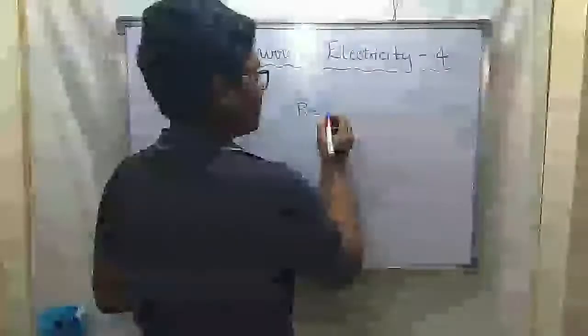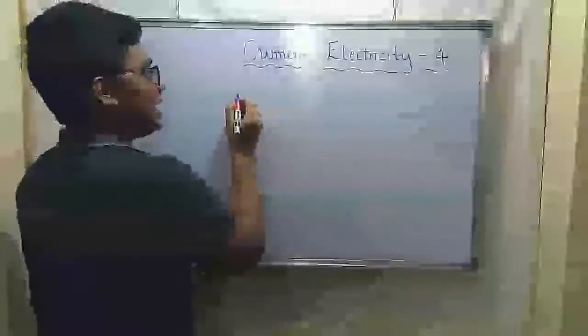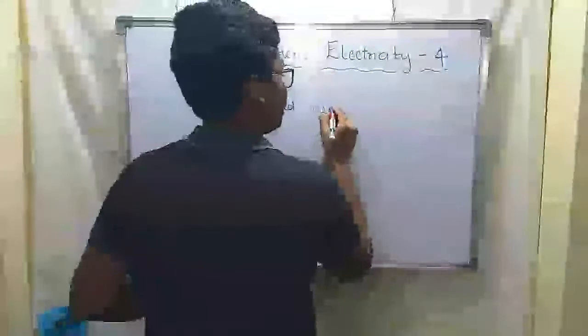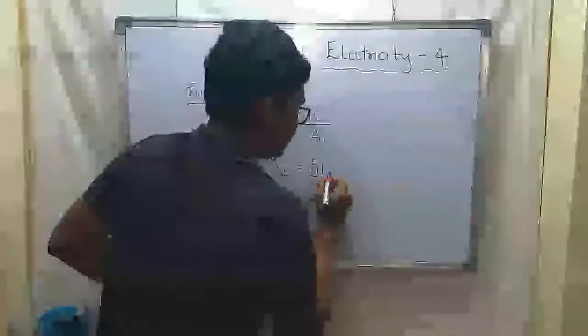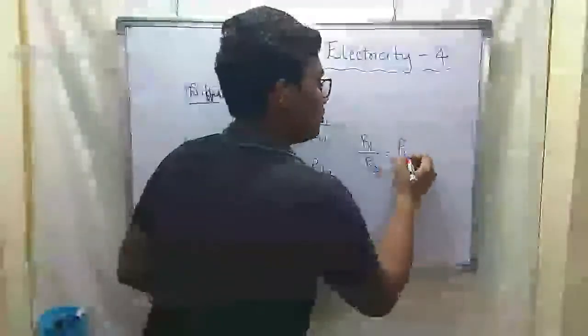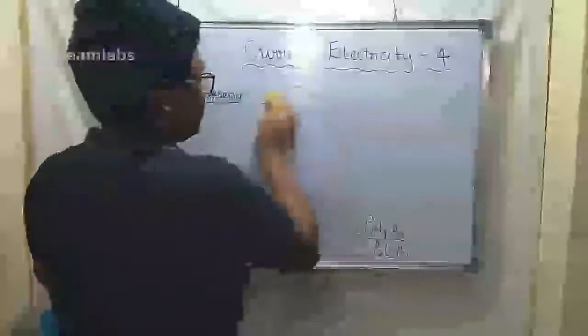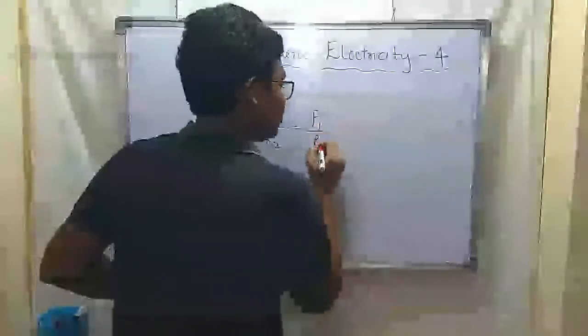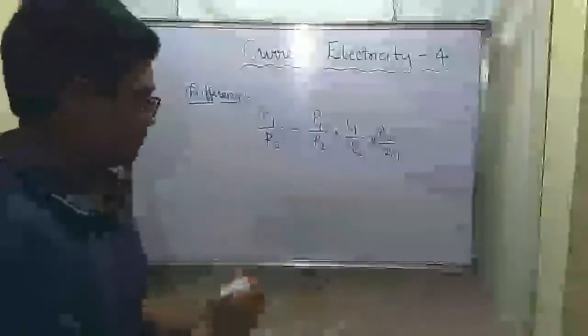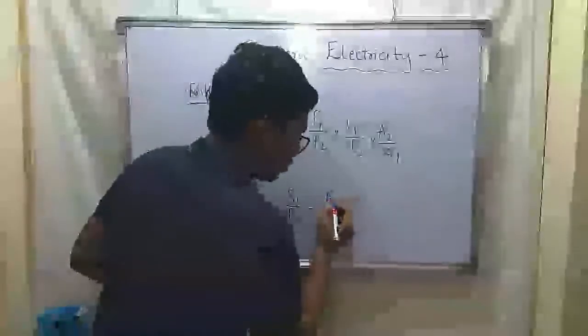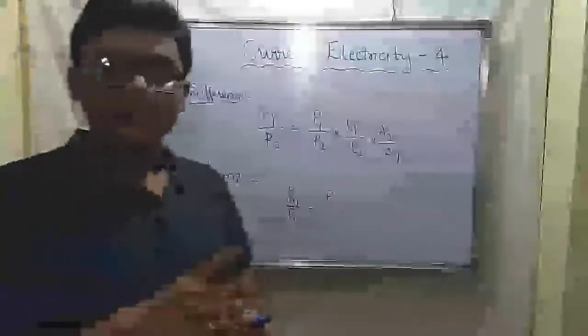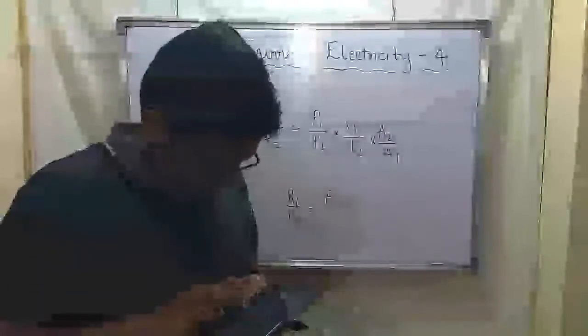Now V equals I R, and normally R1 will be rho L1 by A. Then for a different length, it will be rho L2 by A, and so on.